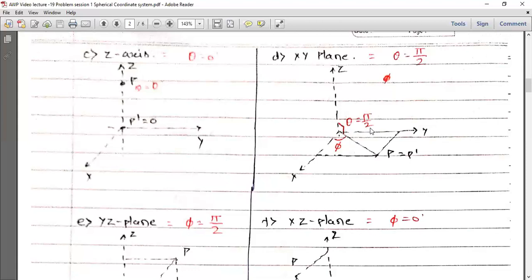We cannot be sure about r, but theta is surely pi by 2 for any position of point P in the xy plane. For any position of point P, when you join O to P, you find the line segment OP in the xy plane itself. And since the xy plane is perpendicular to the z-axis, the line segment OP is also perpendicular to the z-axis, and therefore the angle between the positive z-axis and line segment OP is 90 degrees.